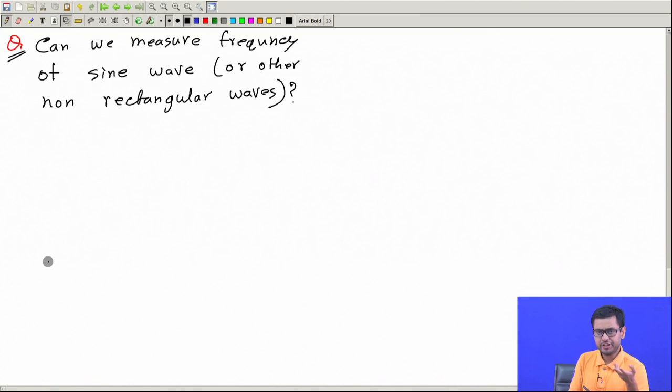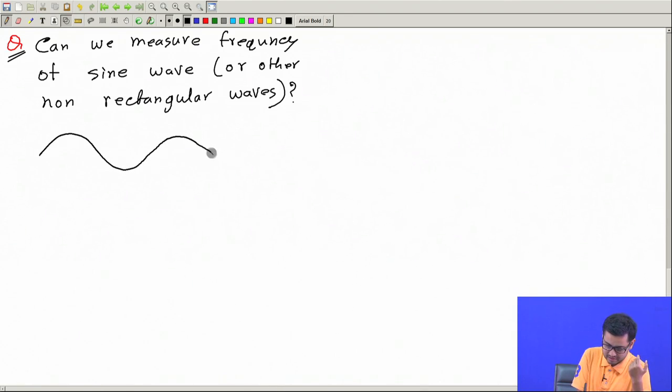Instead, if we give a sine wave like this, it is difficult to say exactly what is going to happen if we give this input to a digital counter. It may even work, it may not even work. We are not going into that argument depending on the situation.